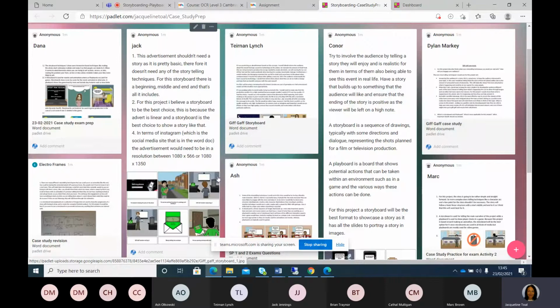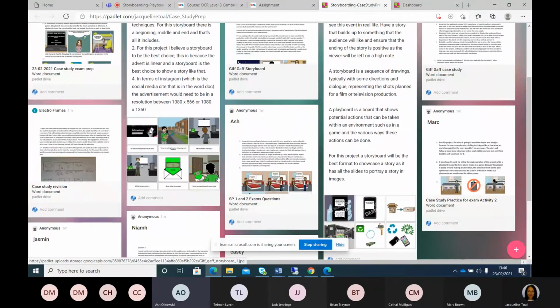For a story, you'd still be telling a story through visuals, so maybe Ash, what sort of take had you thought on? What core storytelling techniques would you think to engage your user or audience? I said that a good thing to add would be a character that believes recycling is pointless, and then another character comes in and says what's good about it and everything. Okay, yes, that's good.